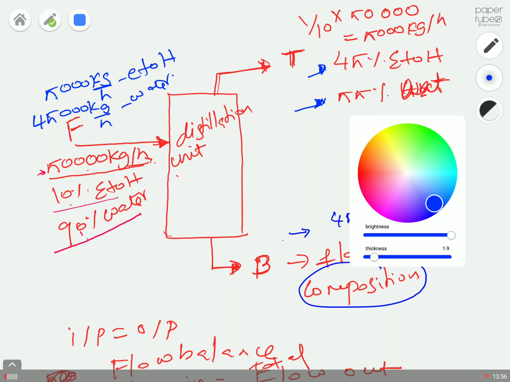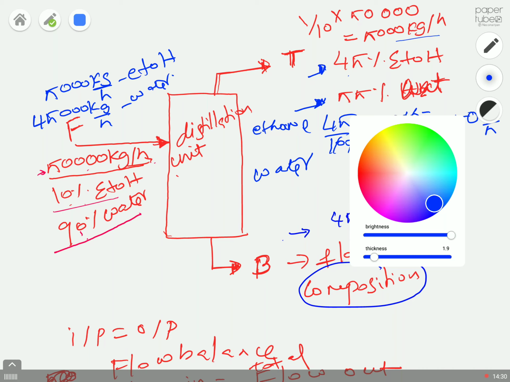So 45% of 5,000 kilograms per hour, that will be for ethanol in the top. 45 by 100 multiplied by 5,000, that should be equal to 2250 kilograms per hour.